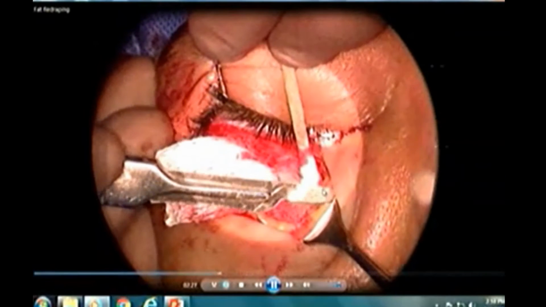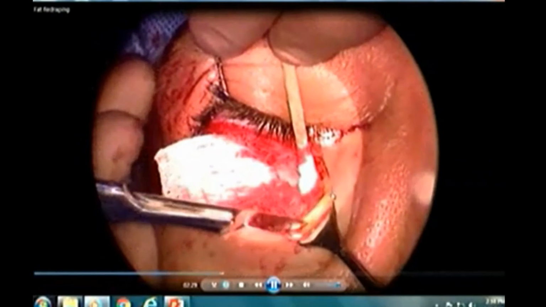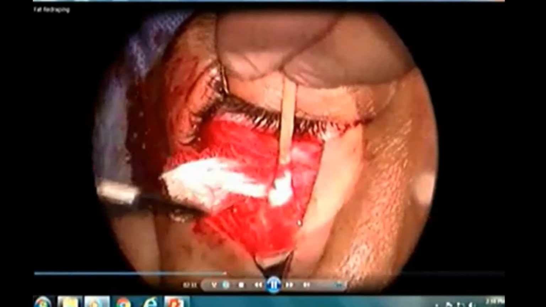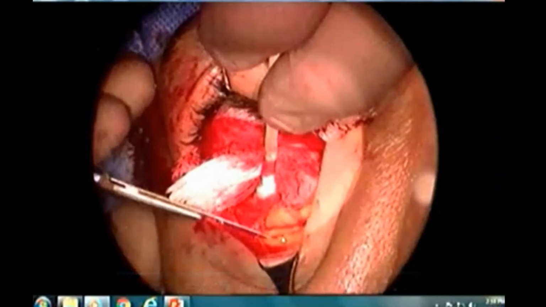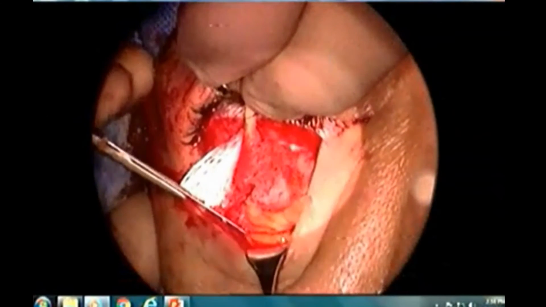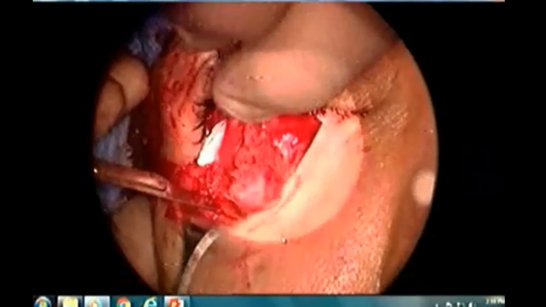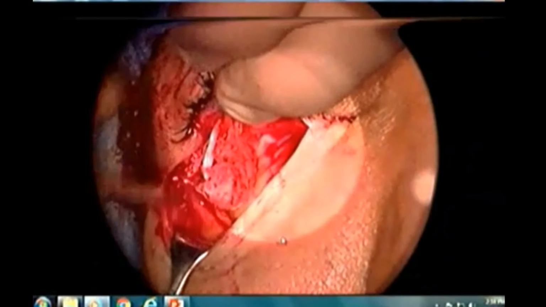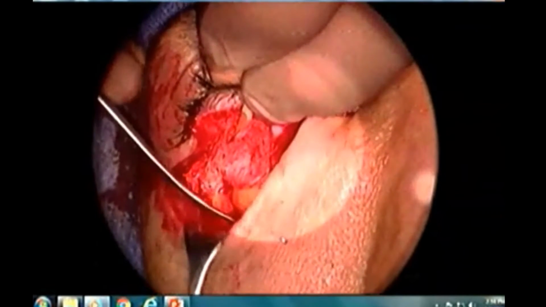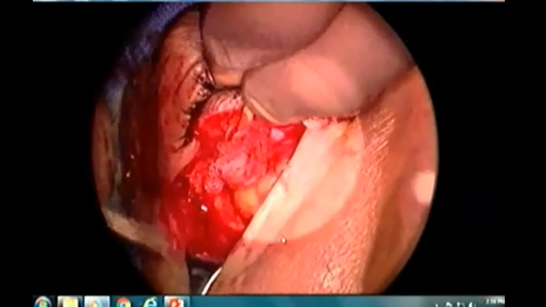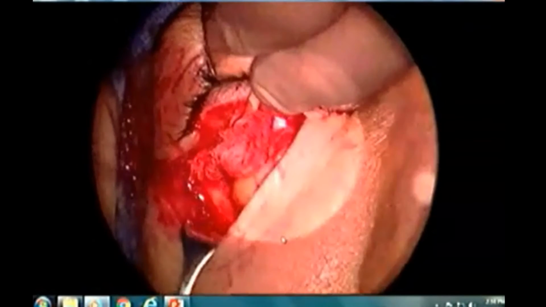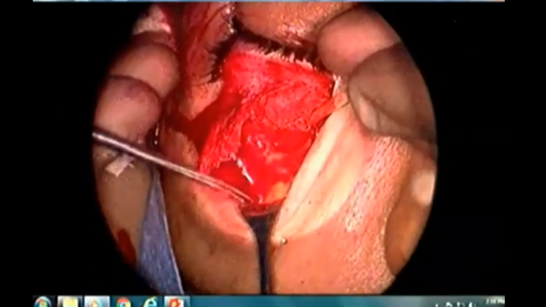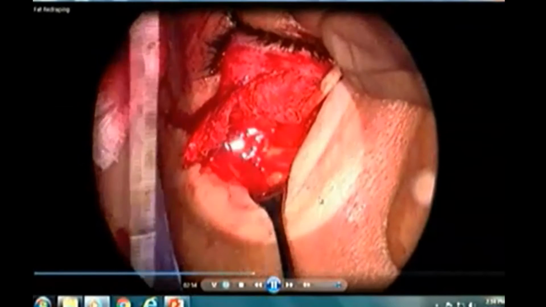Then to release the orbital malar ligament, I make an incision just below the arcus marginalis with the 11 blade, or actually, yeah, 15 blade, sorry. Now releasing the orbital malar ligament, and there you go, subperiosteal dissection, all the way from medial to lateral.